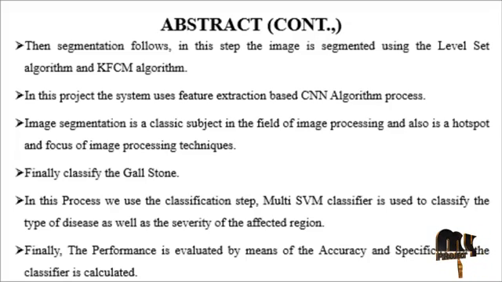This scheme is very effective. Due to the advent of computer technology, image processing techniques have become increasingly important in a wide variety of applications. Image segmentation is a classic subject in the field of image pre-processing and also a hotspot and focus of image processing technique.